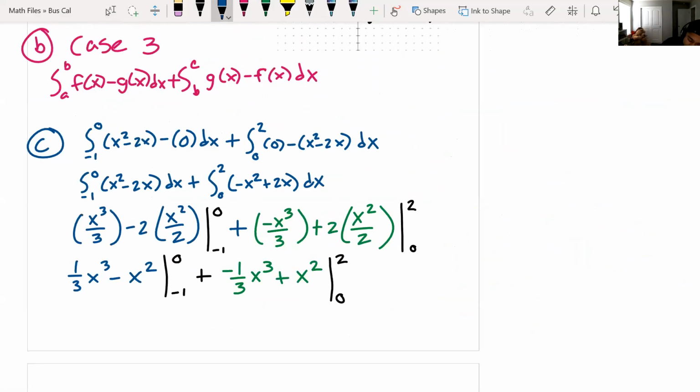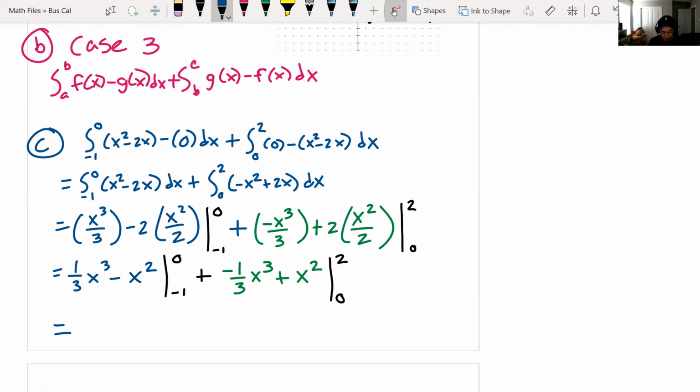There you go. Now, let's type in our numbers. Let me see what I got. 1/3 x cubed minus x squared.